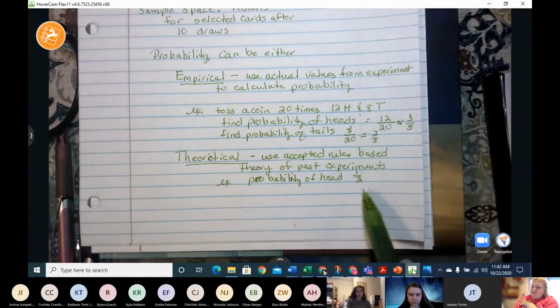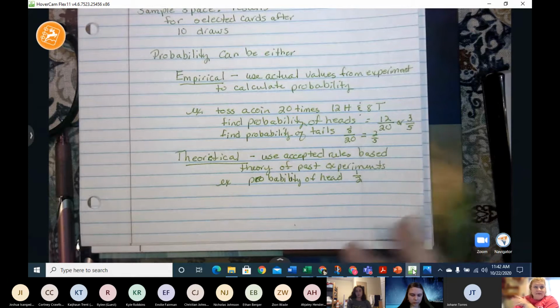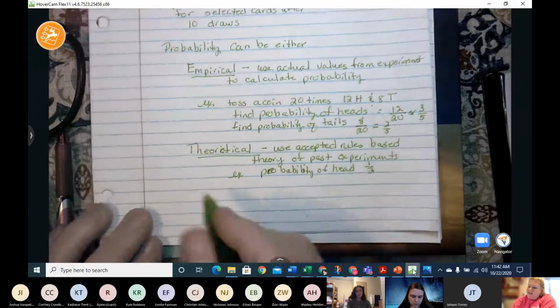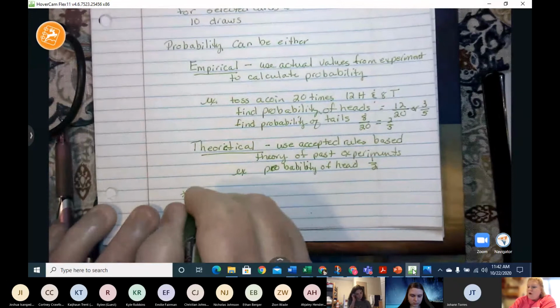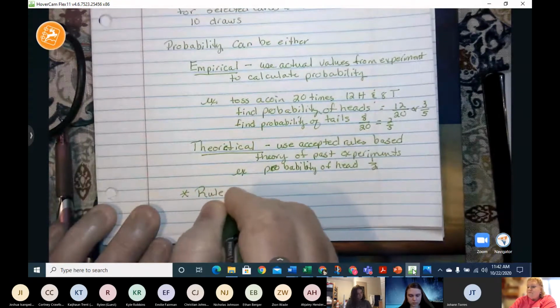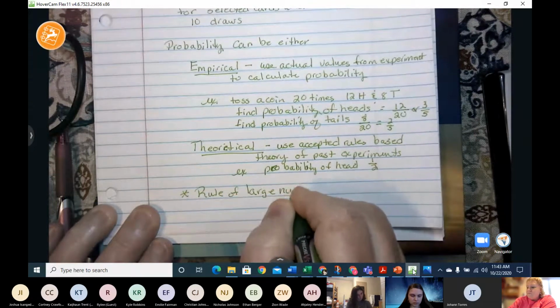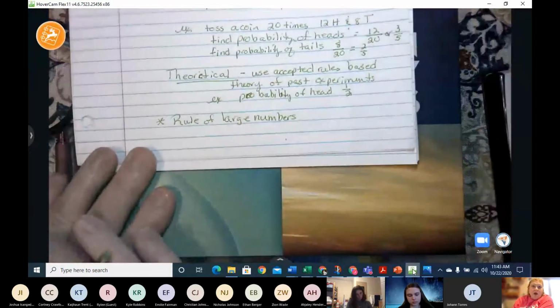So that answer was different in theory than it was in the experiment. And that is possible. Theoretical and empirical can be different answers. But that is because of what we call the law of large numbers. 20 tosses is not very many tosses.